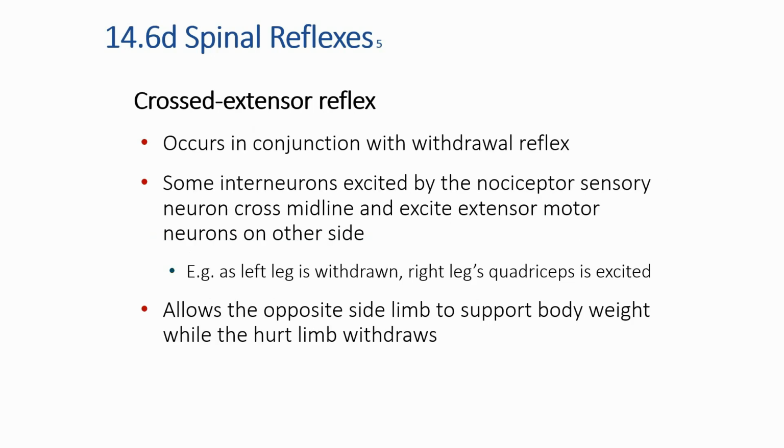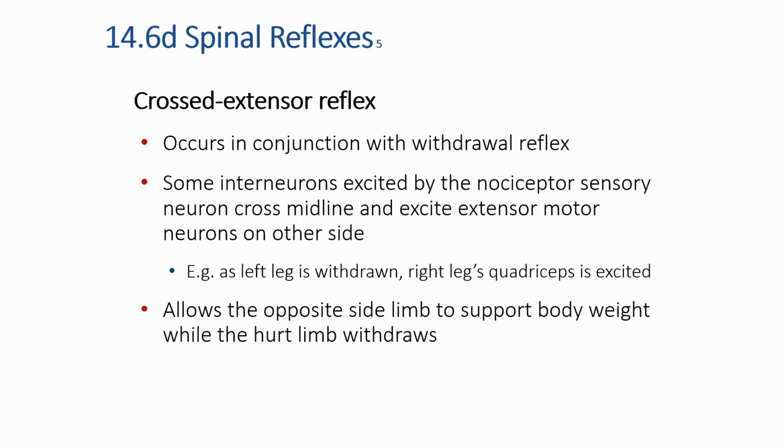Crossed extensor reflex is related to the withdrawal reflex, except that in the lower limbs, say if you step on some hot coals, you don't want to use all of your flexor muscles because then you end up sitting on the hot coals. So instead, what we want to do is a withdrawal reflex on the ipsilateral side, but then on the opposite side of the body, the contralateral side, we're going to do what's called a crossed extensor reflex.